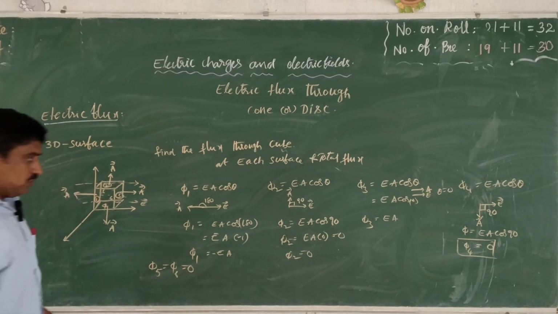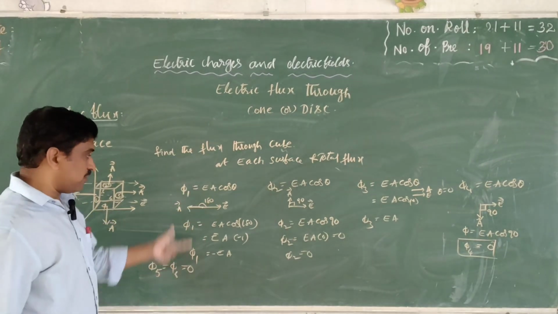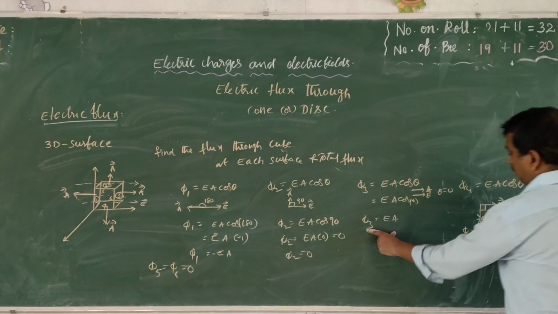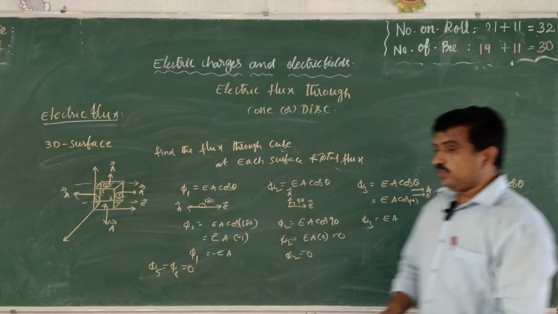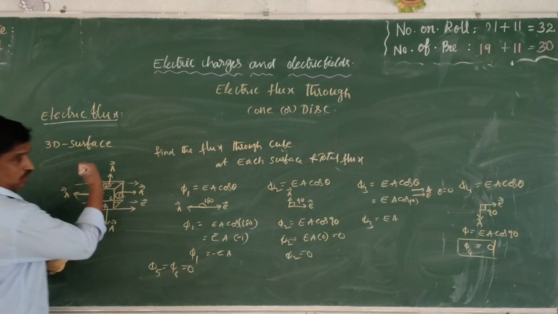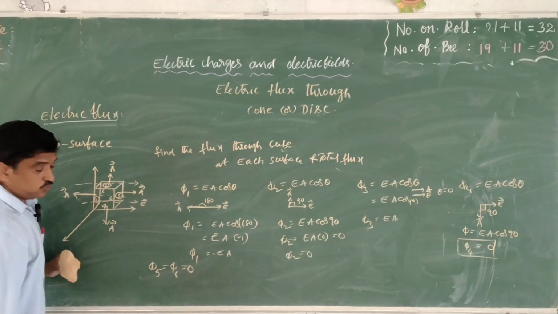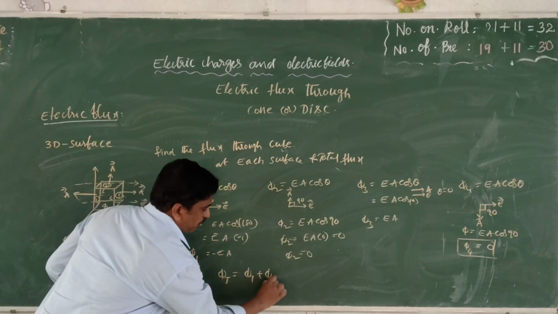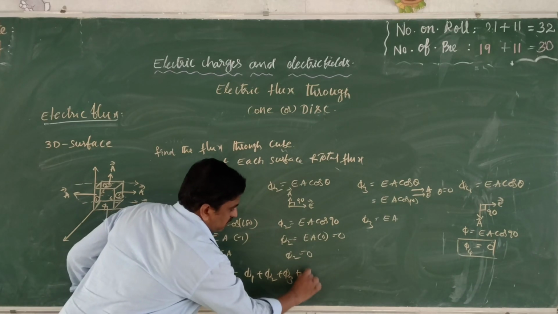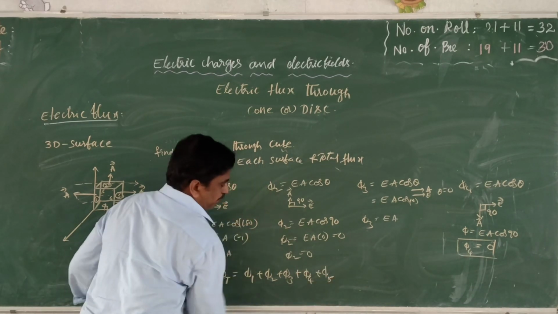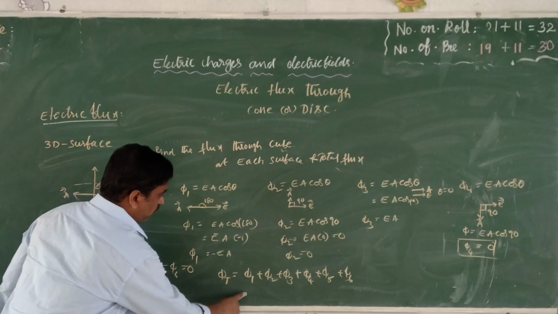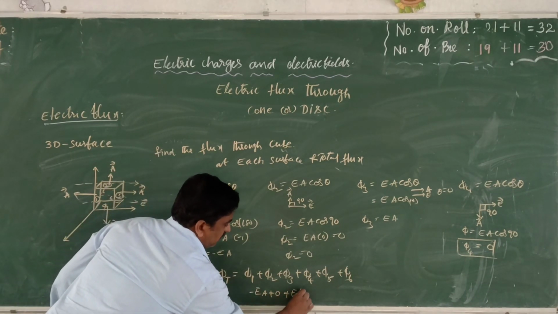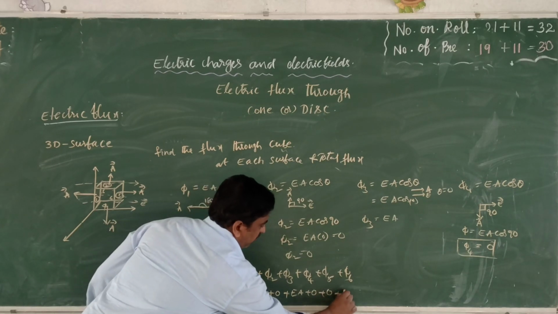So this is the flux through each surface. First surface: minus EA, second surface 0, third surface EA, fourth surface 0, fifth and sixth surfaces 0. Why? Because these are perpendicular to the field. What is the total flux now? Phi 1 plus phi 2 plus phi 3 plus phi 4 plus phi 5 plus phi 6: minus EA, 0, plus EA, 0, 0, 0.